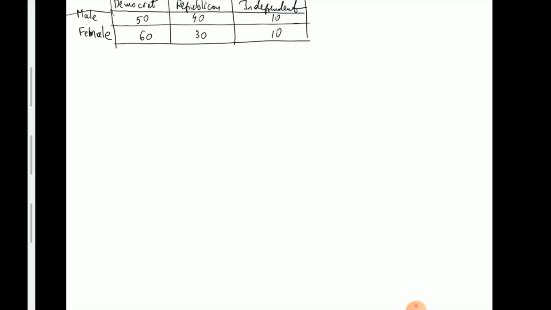So underneath, notice that we have 110 Democrats altogether. We have 70 Republicans. And we have 20 independents.